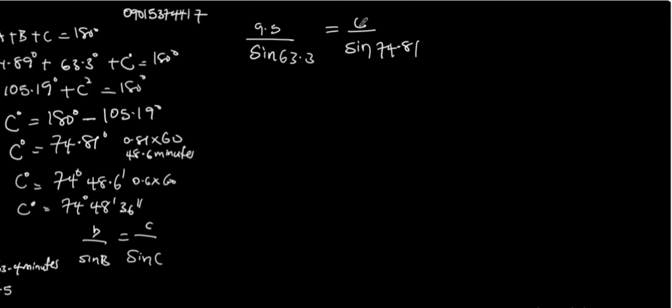So to get C, we cross multiply. So that C sine 63.3 will equal 9.5 multiplying sine 74.81.